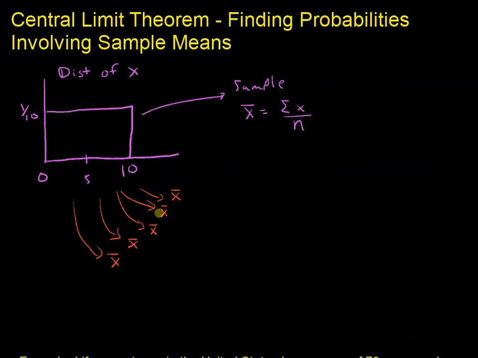These x bars, because they're random, have a distribution. So the sample mean has a distribution, and this is what the central limit theorem says.